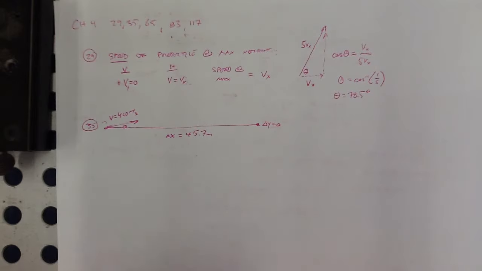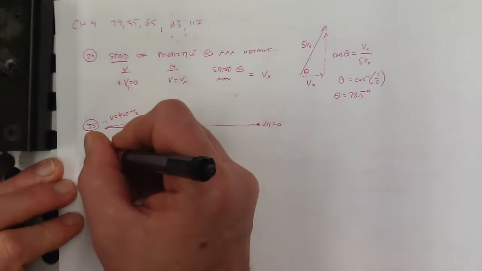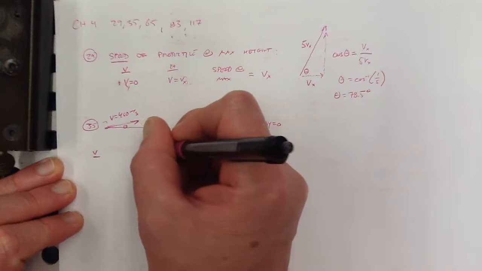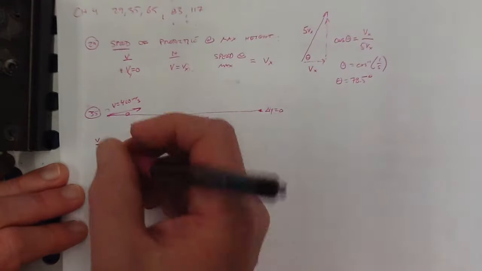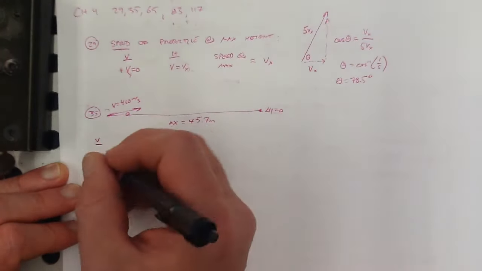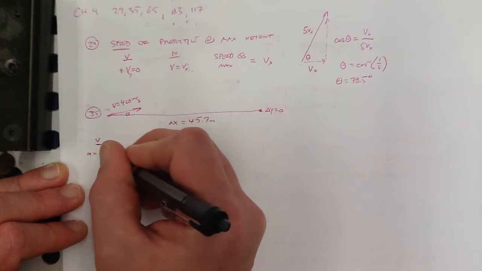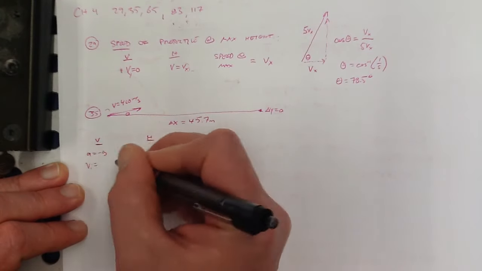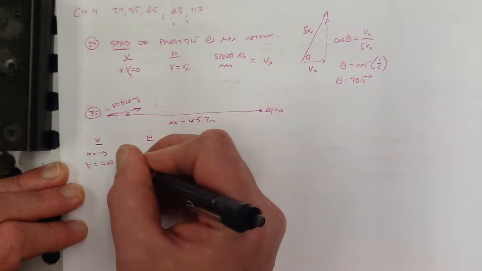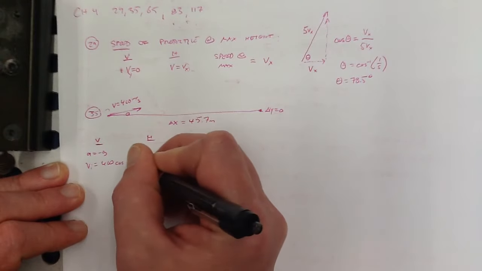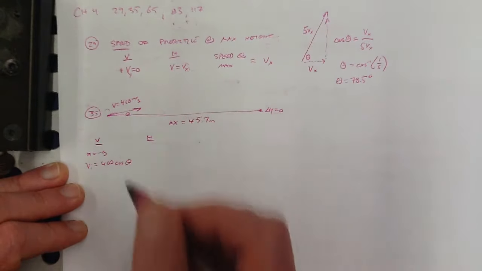Okay, so let's see what we can do here. I'm going to set up my vertical and horizontal. In the vertical direction, I have an acceleration of -g. My initial velocity is 460 times the sine of whatever theta is.